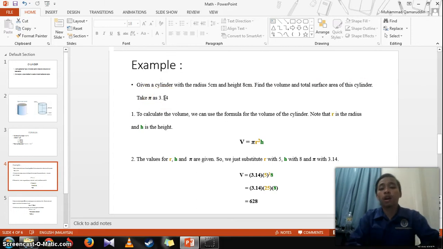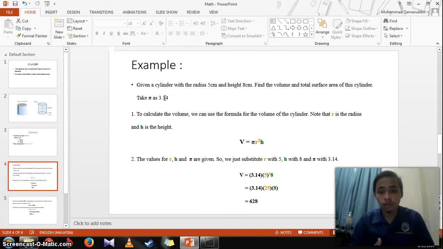Okay, firstly, to calculate the volume, we can use the formula for the volume of the cylinder. Note that r is the radius and h is the height. As I said just now, to get the radius, we must divide the diameter by 2, right? So in this question, we do not need to do that because the value of the radius has been given to us.